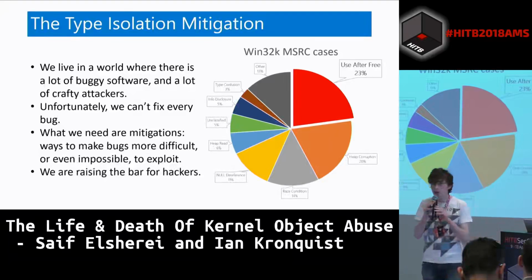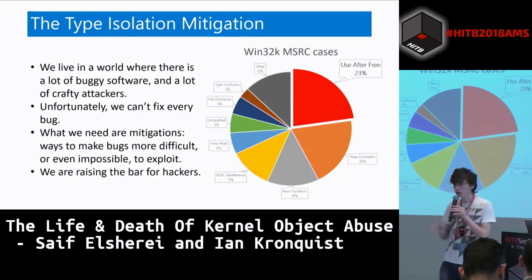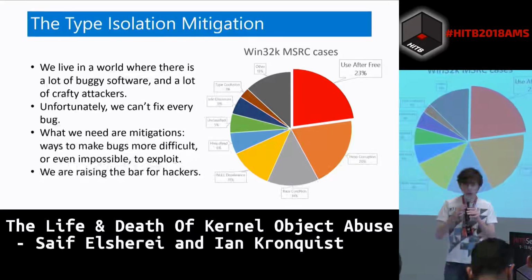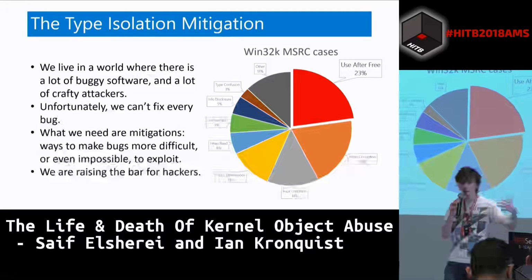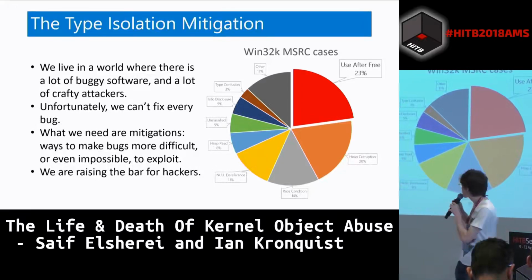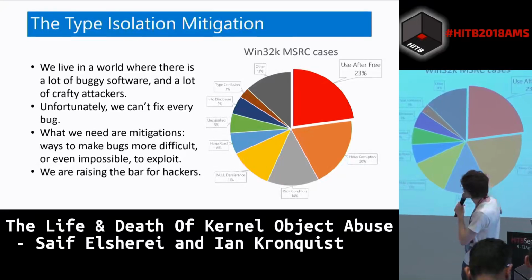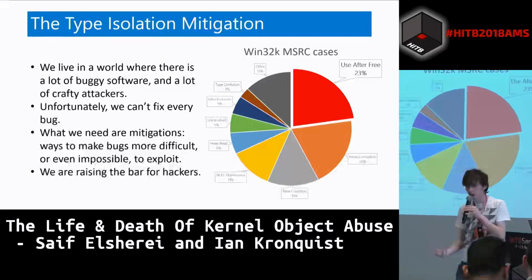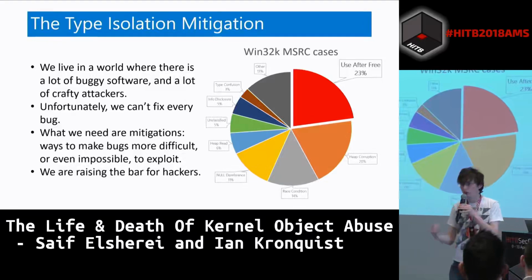Fortunately, at Microsoft, we have a lot of historical MSRC data of all our vulnerabilities, everything Salf has shown us, and people looking for bug bounties have reported. We looked at it in order to decide how we want to design our mitigations, and what's most important to tackle first.